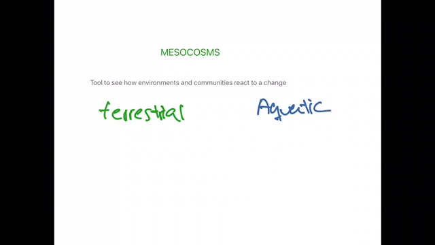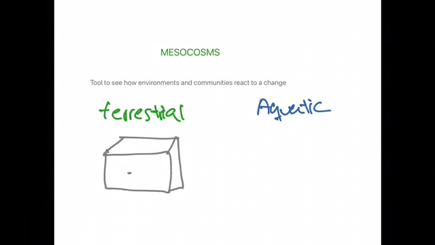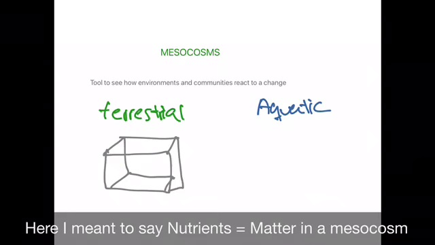So, let's say you have something like a terrarium. And the important thing about mesocosms is that matter doesn't leave the mesocosm. That way we can study how it's cycled through.